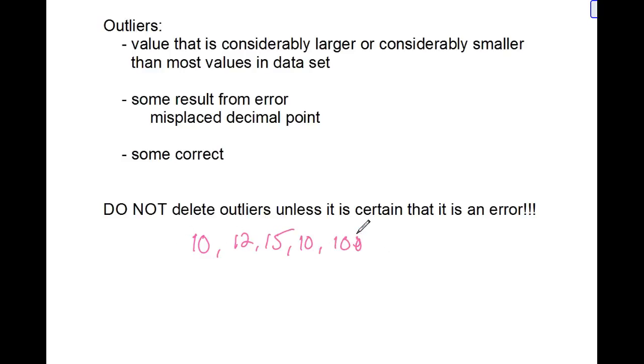Well, I know for certain that a temperature of 100 in New York in December is going to be a misplaced decimal. And so I am going to scratch that one out and delete it. Now, if it was, say, in September or August, I wouldn't know for sure. Okay? Different things of that nature. And so there are certain ones that we can, others that we don't know for sure. And so you have to be very careful about these outliers.